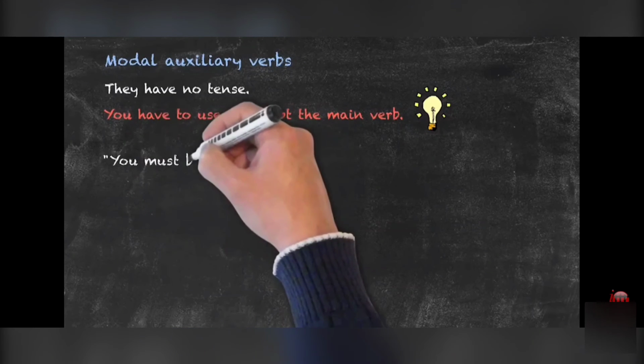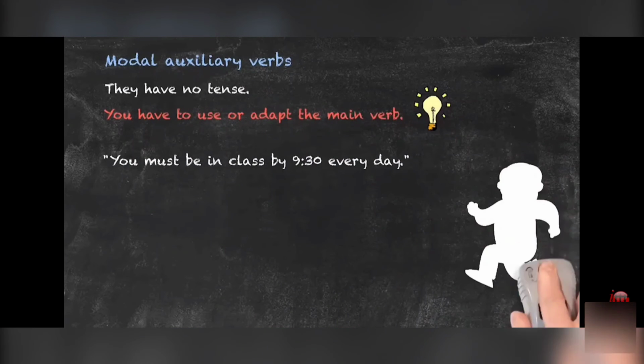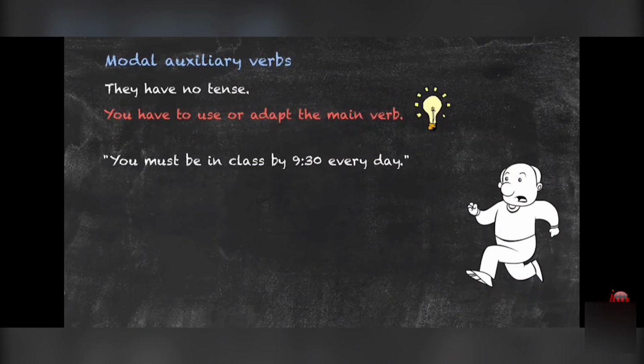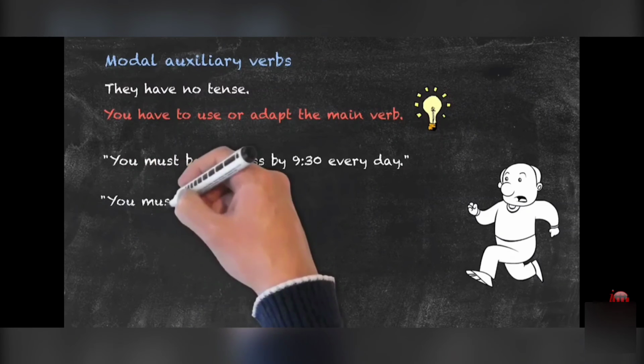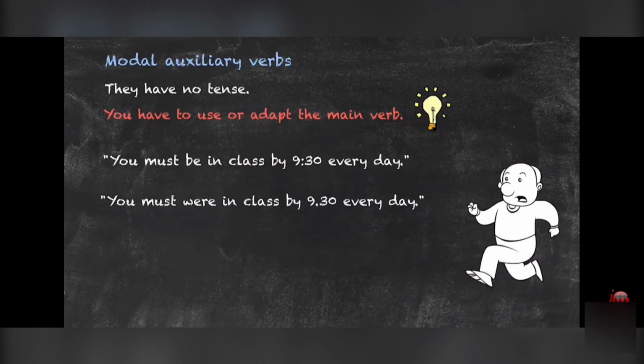If you wanted to talk about the past, students might initially feel that you can write a sentence like this. "You must were in class by 9:30 every day," to express an obligation in the past. That is not the case. You might think that one way of approaching that could be, "you must have been in class by 9:30 every day."